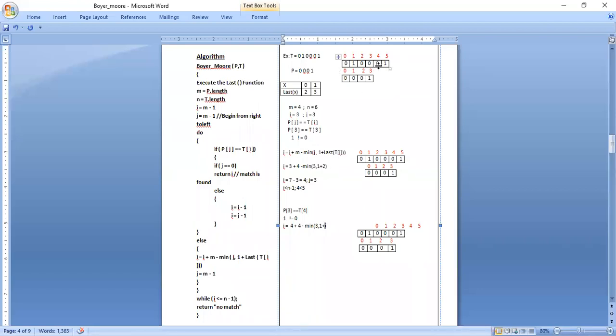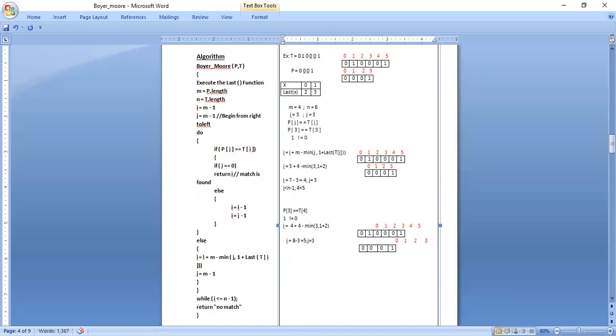What was the 4? 0 is there. So last value of 0, what was it? It was 2. So again, my i value is going to be 4 plus 4, that is 8, minus minimum of 3 comma 1 plus 2, that is 3. So minimum of 3 comma 3 is 3 only. So my i value is going to be 5 now, and j value is how much? It is 3 only.